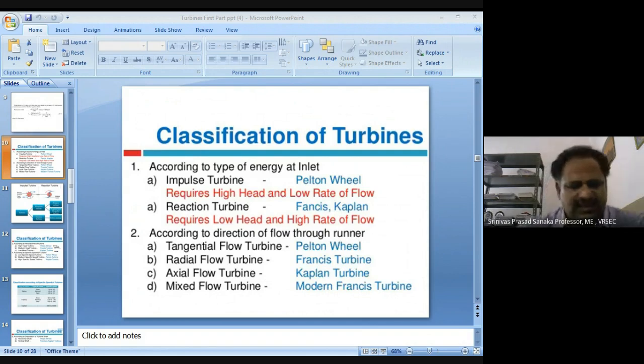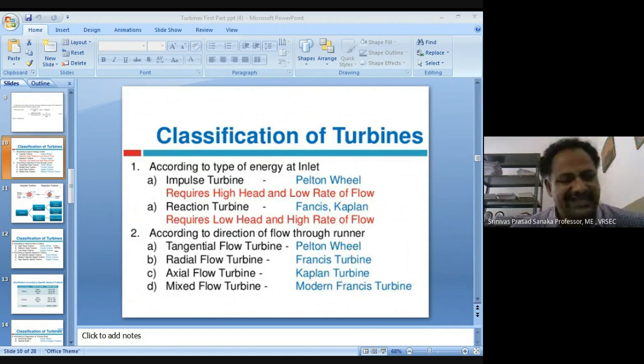Let us say radial inward turbine means from all directions the water is supplied to the runner such that within the runner the flow takes place in radial direction. Such turbines are called radial flow turbines.